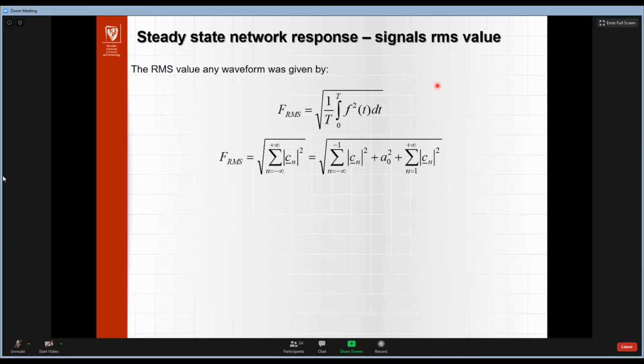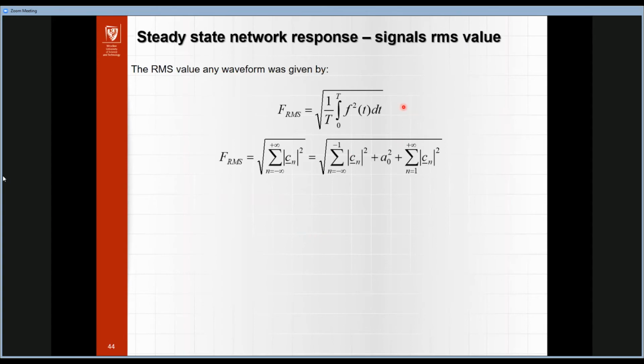So instead of this function, we can put here this value, and we separately divide it into the negative part, the part for n more than 0, and the average value.